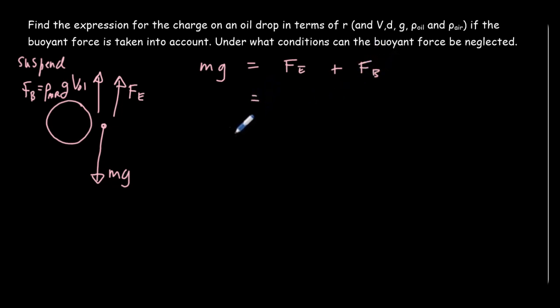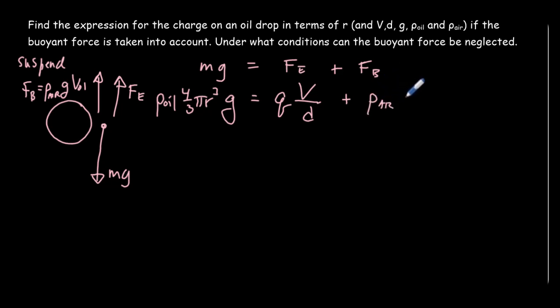Make our usual substitutions. So the mass of the drop would be the density of oil times 4/3 pi r cubed. Keep the g there. The electric force is going to be the charge times the electric field, and the electric field will be the voltage divided by the distance between the plates. And then the buoyant force is the density of the fluid, which is the air, times g times the volume of the fluid displaced.